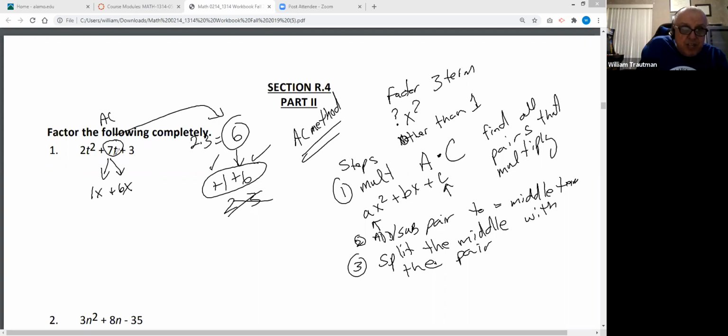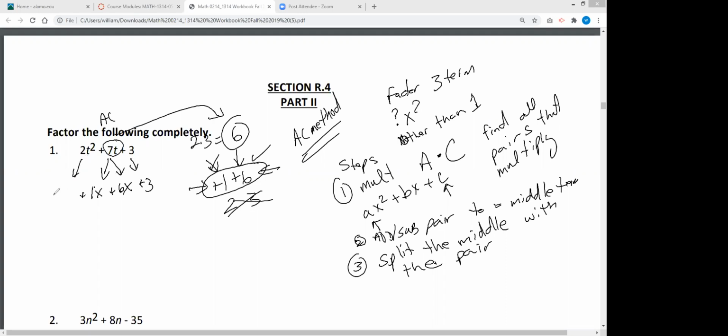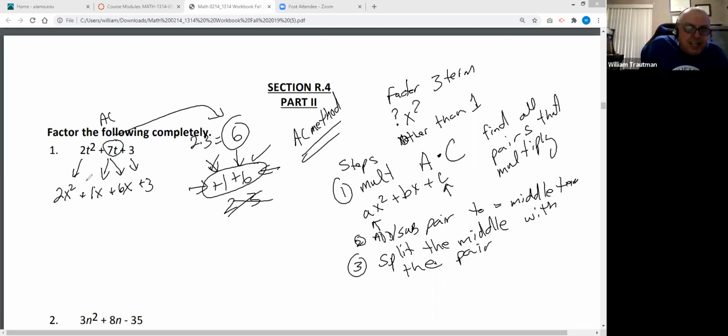Do you see 7x is 1x plus 6x? I'm using 1x plus 6x because I did plus 1 and plus 6, okay? So I'm using 1x and 6x because that is my pair. We split the middle. I'm going to bring everything else down. But you mean t, right? Yes, I'm using x's. I'm changing it to x's because my t's don't look good.